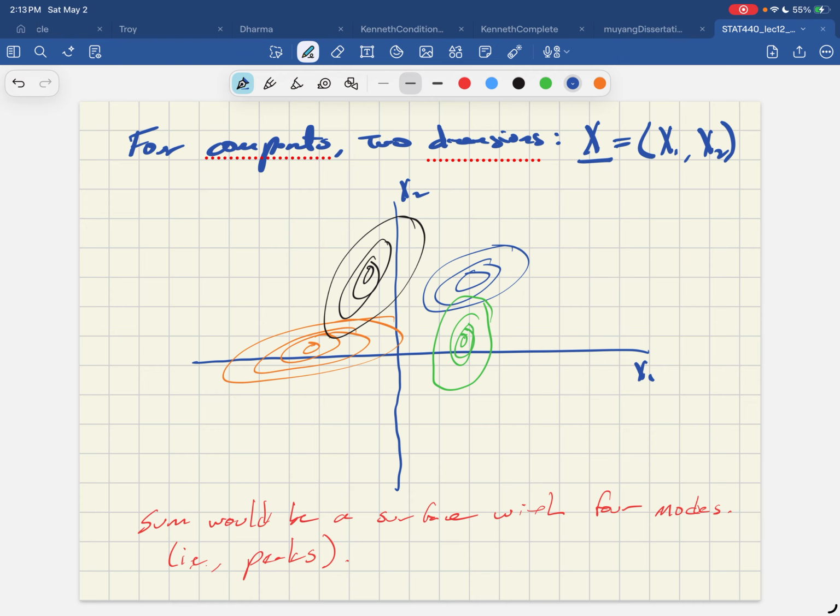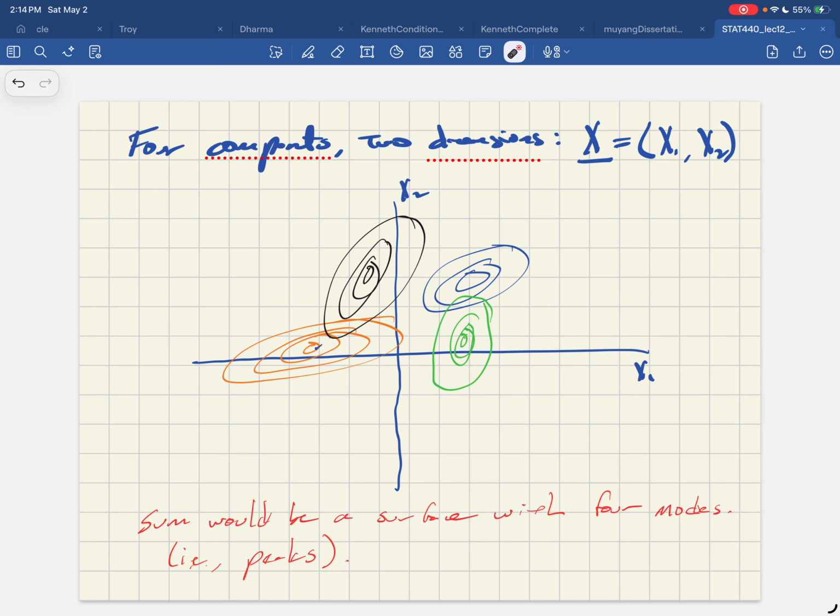And then I haven't drawn the overall mixture, but you can imagine basically the overall mixture would almost be like laying a blanket over these four things. You would end up with a surface which has four different modes, four different peaks. And of course, they would sum.